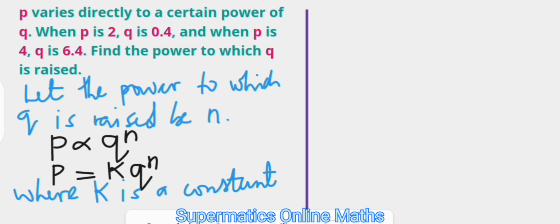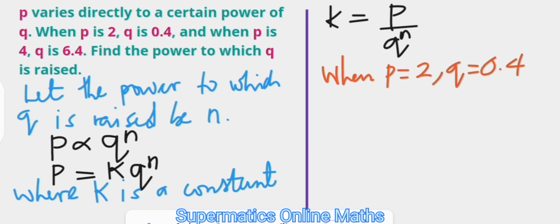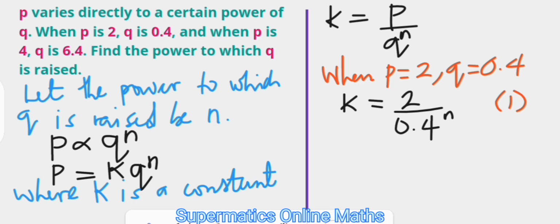Making K the subject of the formula, we have that K is equal to P over Q raised to power n, such that from the question, when P is 2, Q is 0.4. Substituting these values, we get K equals 2 over 0.4 to the power of n, which we call equation 1.